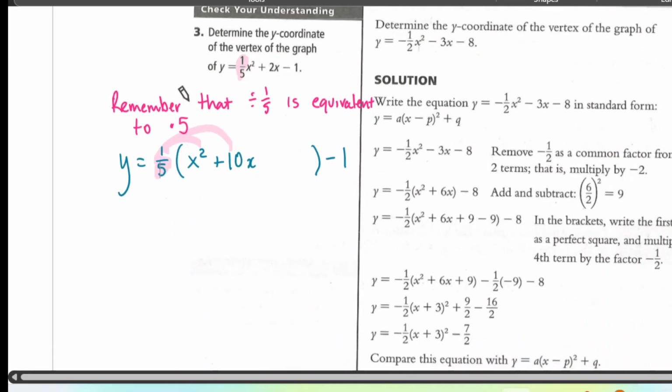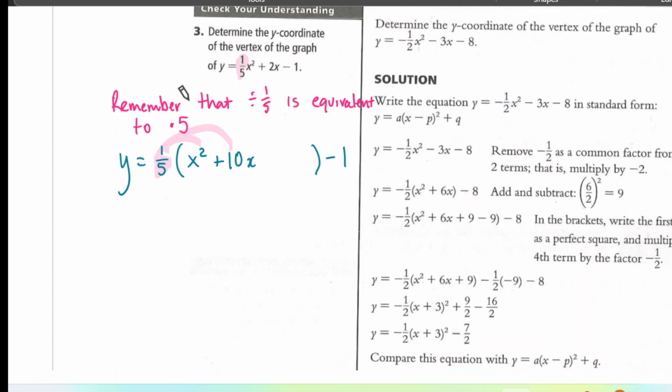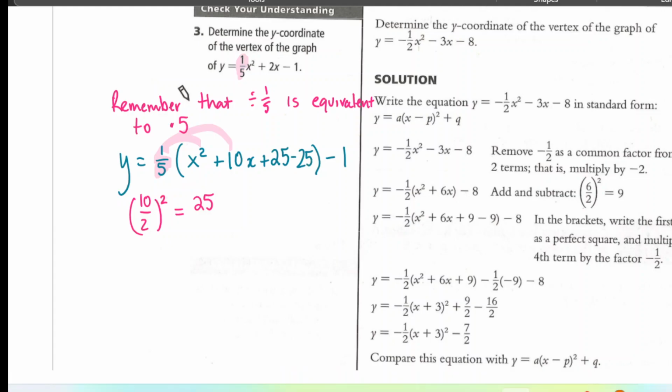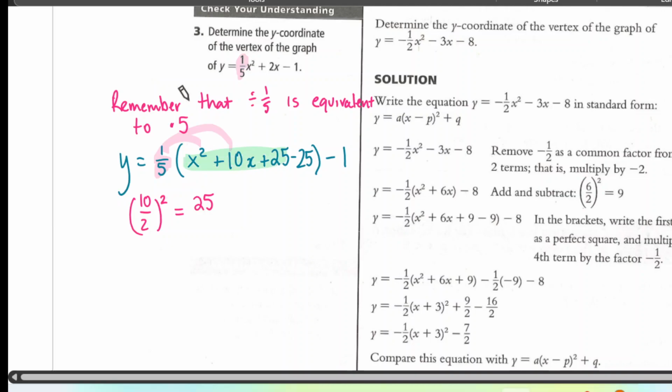Okay, now let's figure out what we need to add to make a perfect square trinomial. We're going to take 10 divided by 2 and we're going to square it. That is 25. So I'm going to add 25 and subtract 25. Okay, and finally we're going to factor this perfect square trinomial that I'm highlighting in green there. But before we do that, we need to pull out that negative 25.